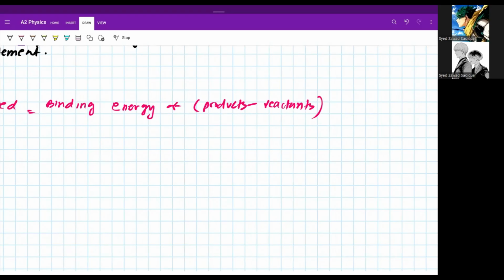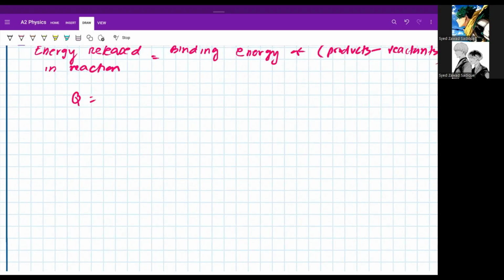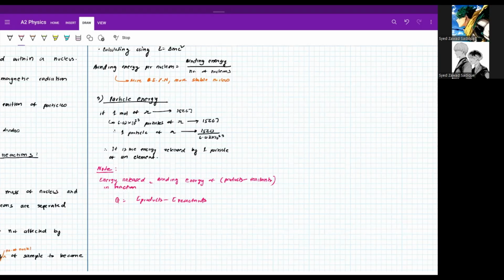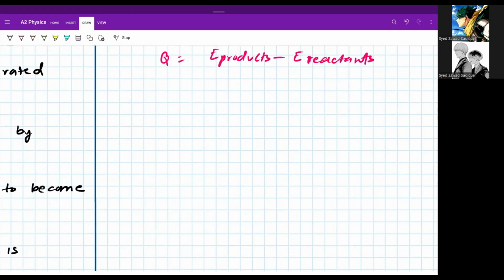This can also be written as Q equals energy of products minus energy of reactants. Then this was our fifth concept, right? And now moving on to our sixth concept, that is radioactive decay.